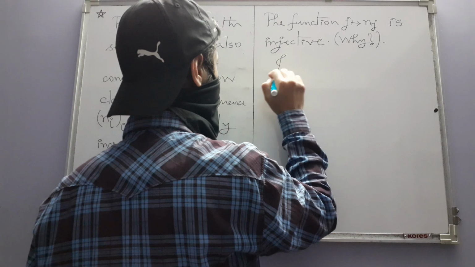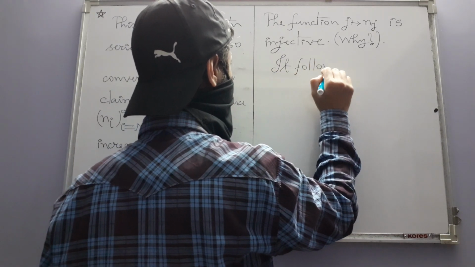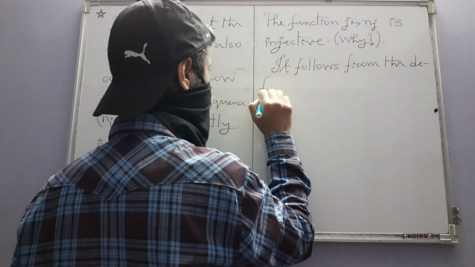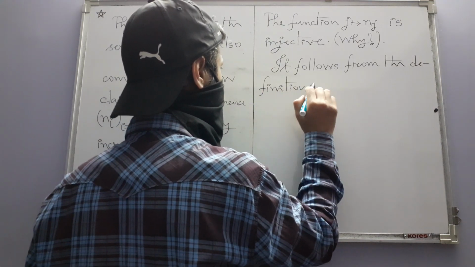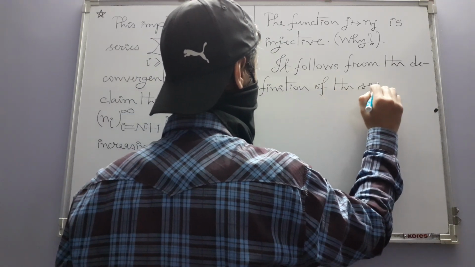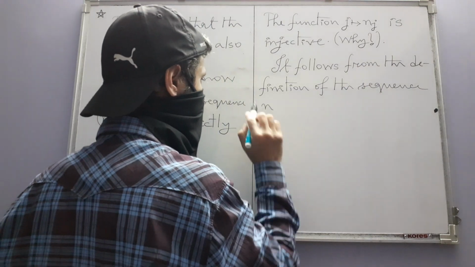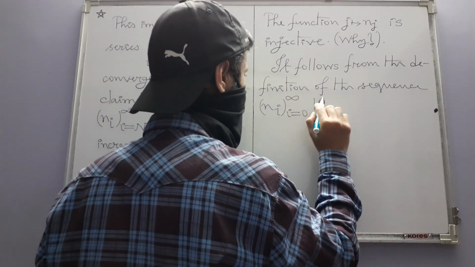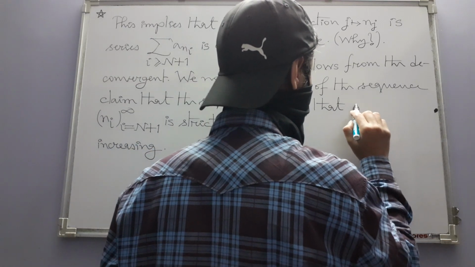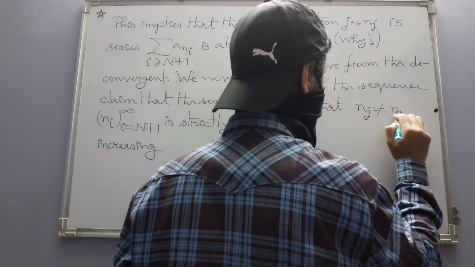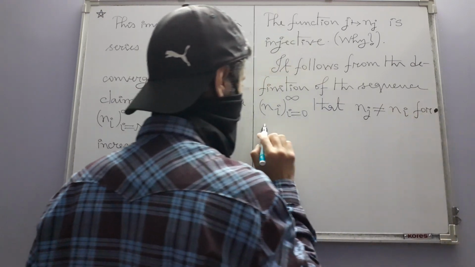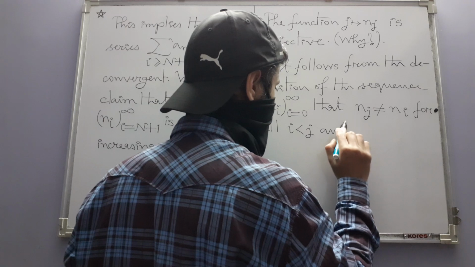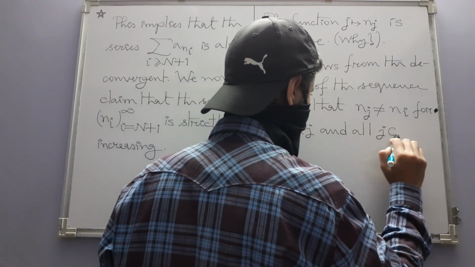It follows from the definition of the sequence Ni that Nj is not equal to Ni for all natural numbers i less than j and all natural numbers j.